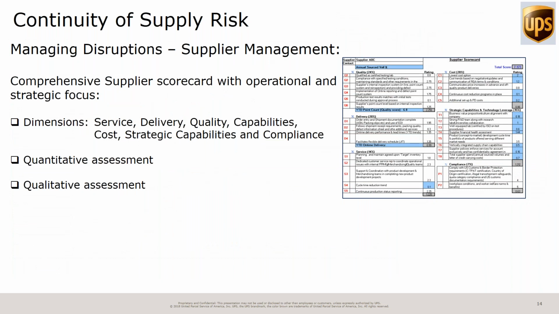Then moving on to the supplier scorecard, which is more comprehensive, not only at an operational level, but also with strategic focus, where you are measuring your suppliers not only on service and delivery and cost, but also on their quality as well as overall strategic capabilities.